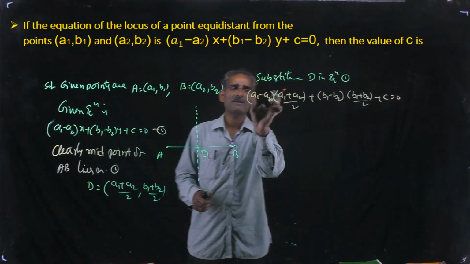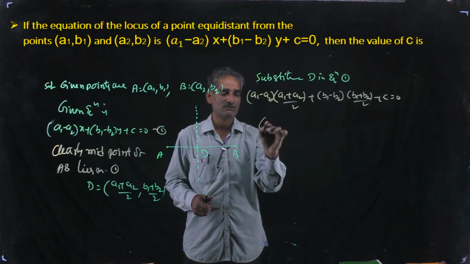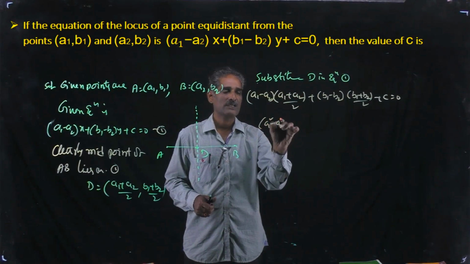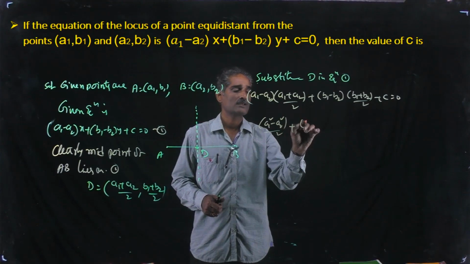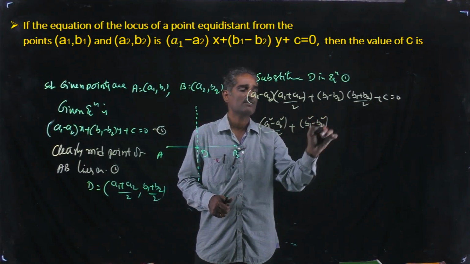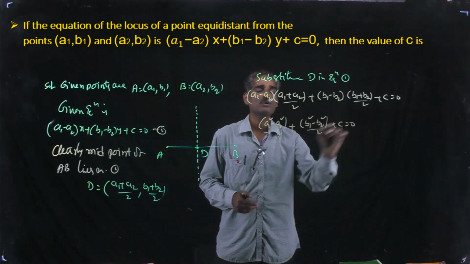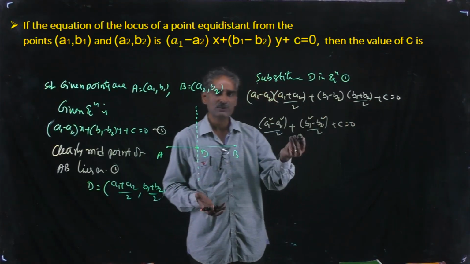So observe that (a minus b) into (a plus b) gives a square minus b square. So (a1 square minus a2 square) by 2 plus (b1 square minus b2 square) by 2 plus C equal to 0. Now the LCM is 2.